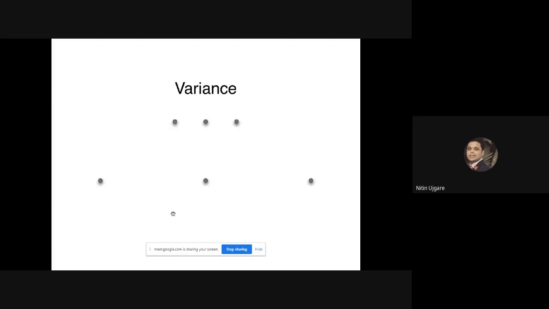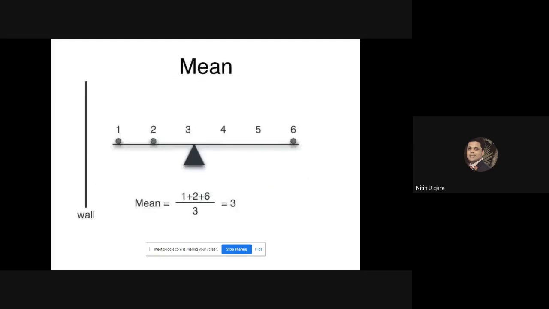So fundamentally, I cannot use the mean to describe the spreadness of these points. Because in this example, the mean exactly gives me the distance of each point from the mean. So this point is at a distance 2 from the mean.